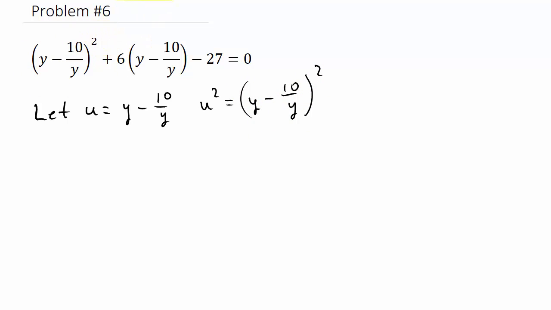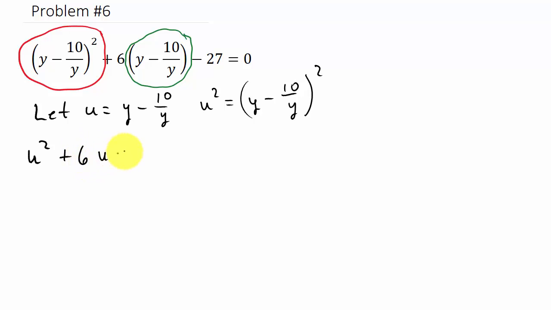So now this term here I'm going to replace with u squared, and this term here I'm going to replace with u. And so that's u squared plus 6u minus 27 equals 0.